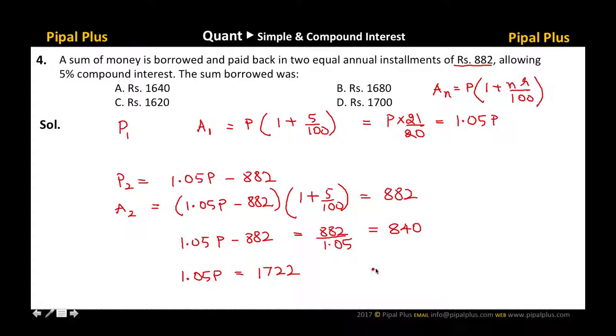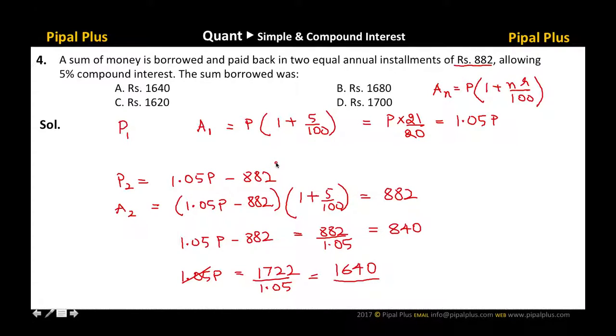Now when we divide 1722 by 1.05, we get the value of our P, which is equal to 1640 rupees. So clearly 1640 rupees was what was initially borrowed. The amount due at the end of 1 year became 1640 times 1.05, out of which 882 got paid.